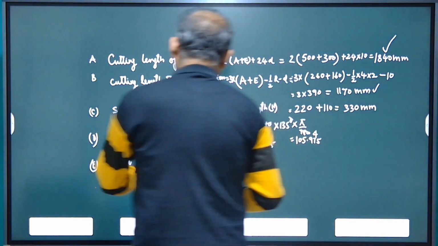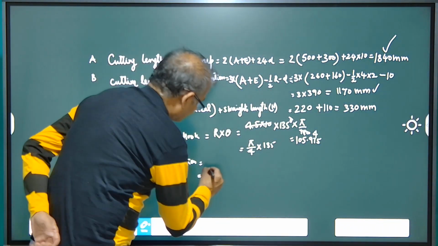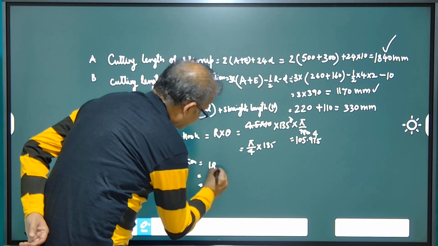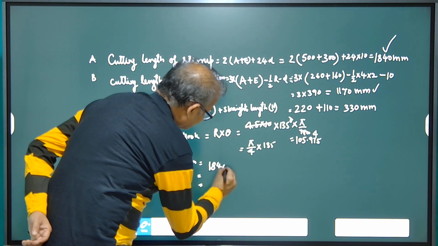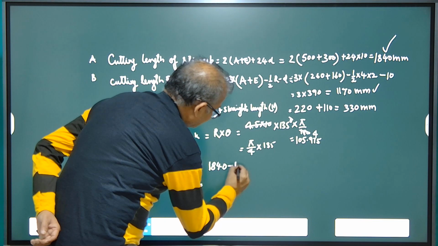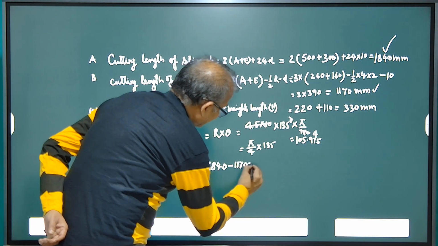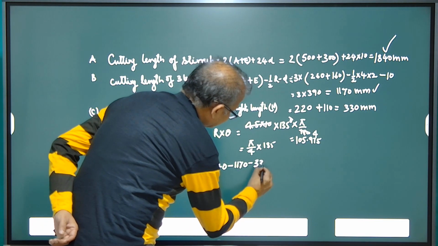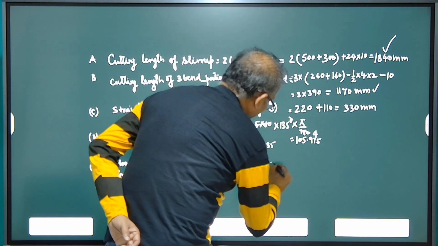So the hook straight portion will be 1840 minus 1170 minus 330 minus 2 times 105.975.